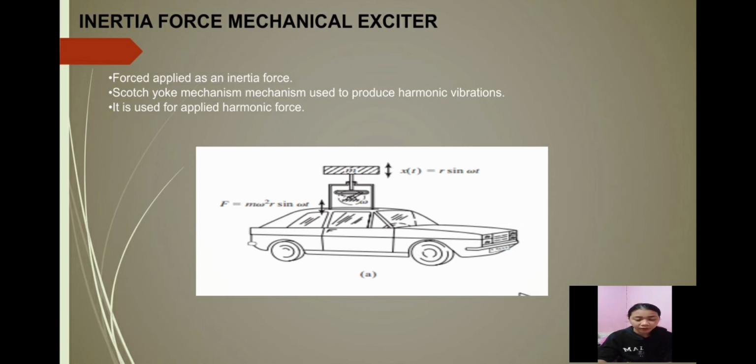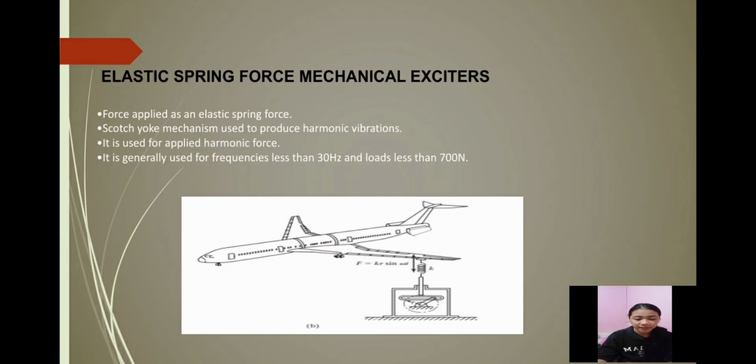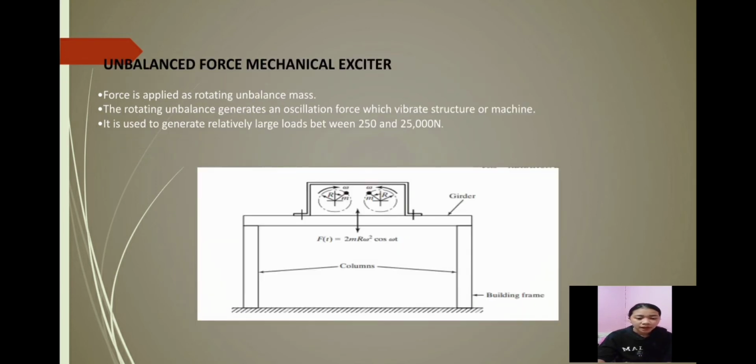It is used to apply harmonic force. In the elastic spring force mechanical exciter, force is applied as an elastic spring force, and a Scotch yoke mechanism is used to produce harmonic vibration. It is also used to apply harmonic force, and is generally used for frequency less than 30 Hz and load less than 700 Newton.